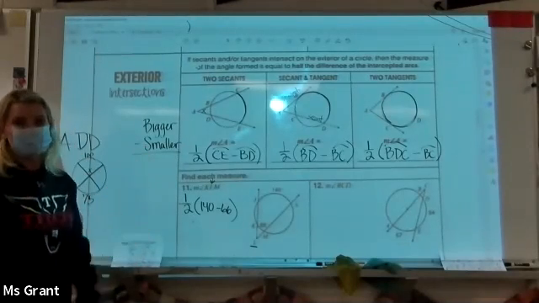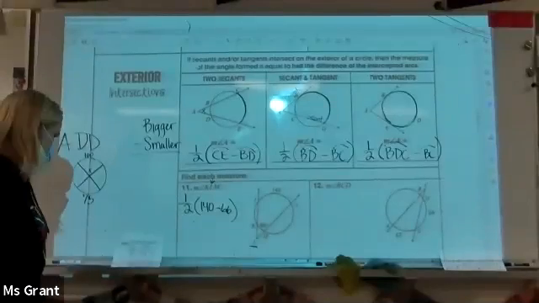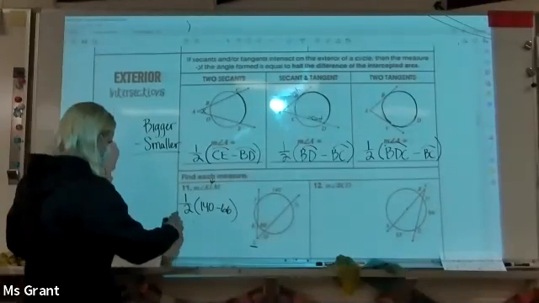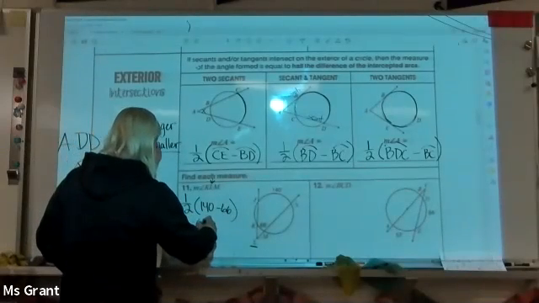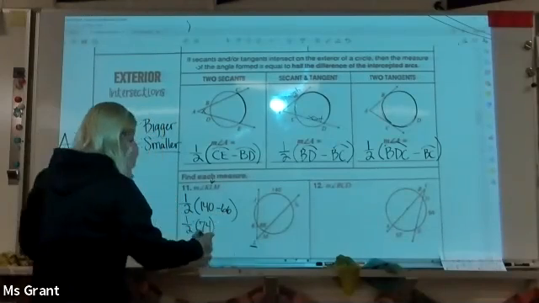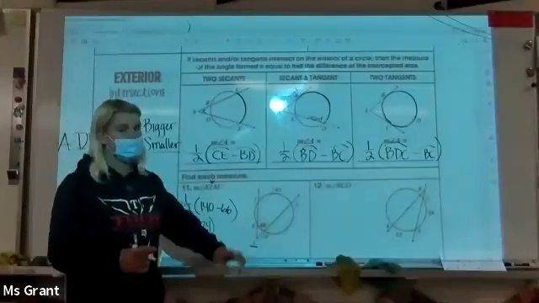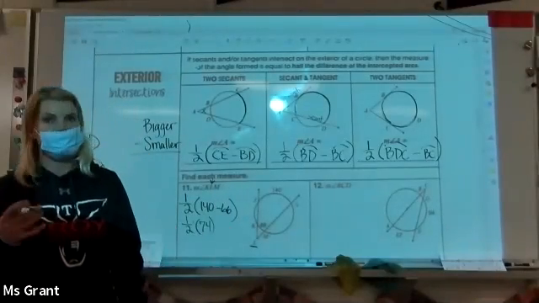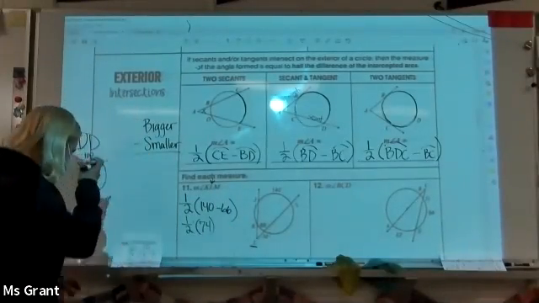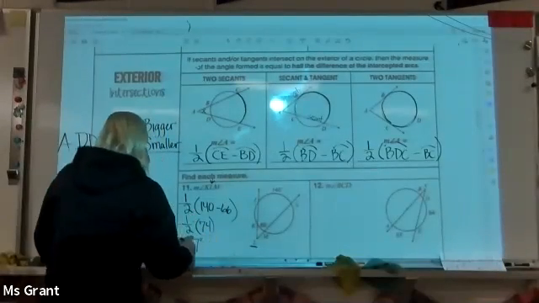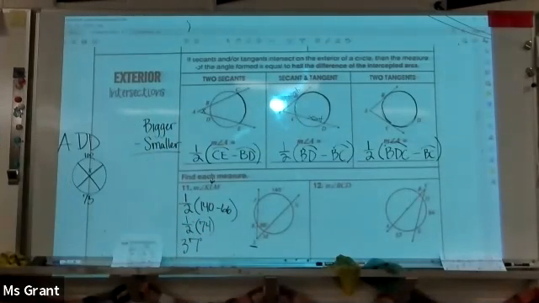Well, first, what's 140 minus 66? Do that first. And then we can do this in our head. Seriously. Cut 70 in half. Cut 4 in half. 37 degrees.